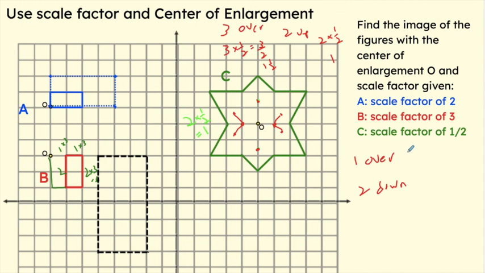So 1 over times 1/2 is 1/2 over from our center, and 2 times 1/2 is going to be 1 up or down. So 1/2 over and 1 down, 1/2 over, 1 down, 1/2 over, 1 up, 1/2 over, 1 up. We could connect our points.